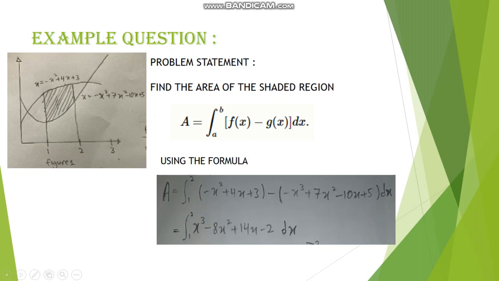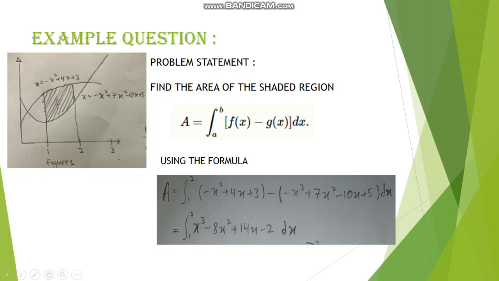And now, also I forgot, we need to find the lower boundaries and the upper boundaries. So we can get the lower boundaries and the upper boundaries based from the diagram, from this figure 1. These are the lower boundary and these are the upper boundary.